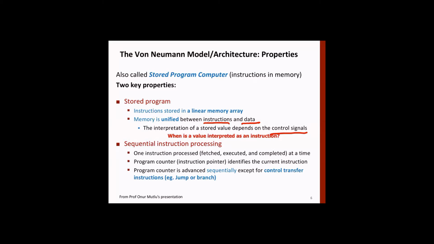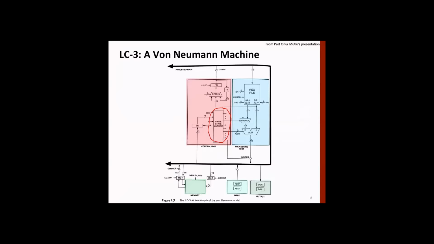Now all the program and data are in memory, which is seen by the processor as nothing but an array of memory locations, right? Some may contain instructions. This is a von Neumann machine, the very simple LC3 computer, and a finite state machine generates control signals.